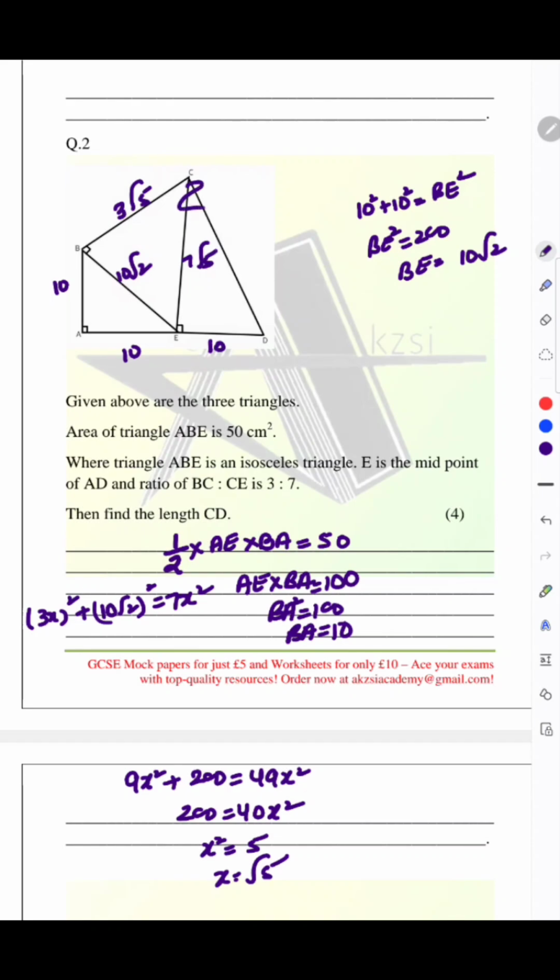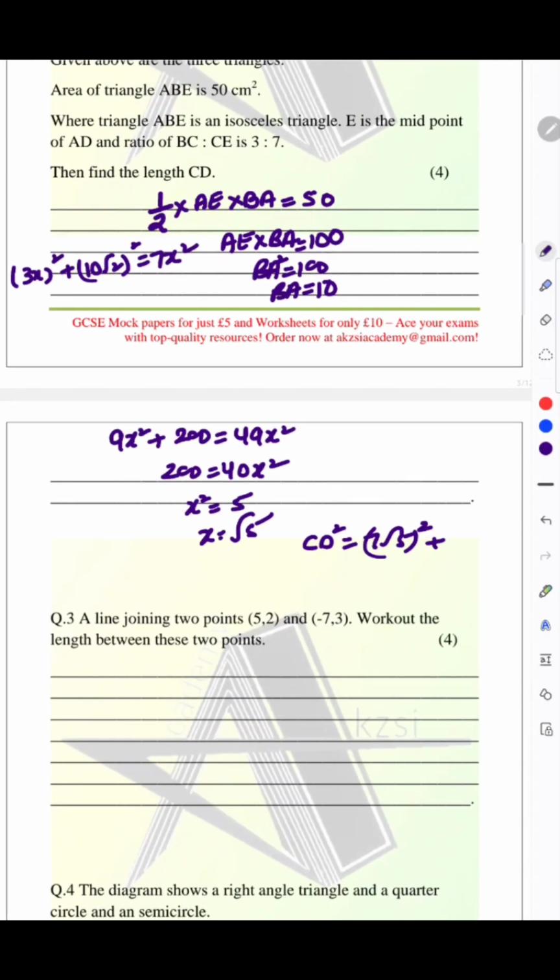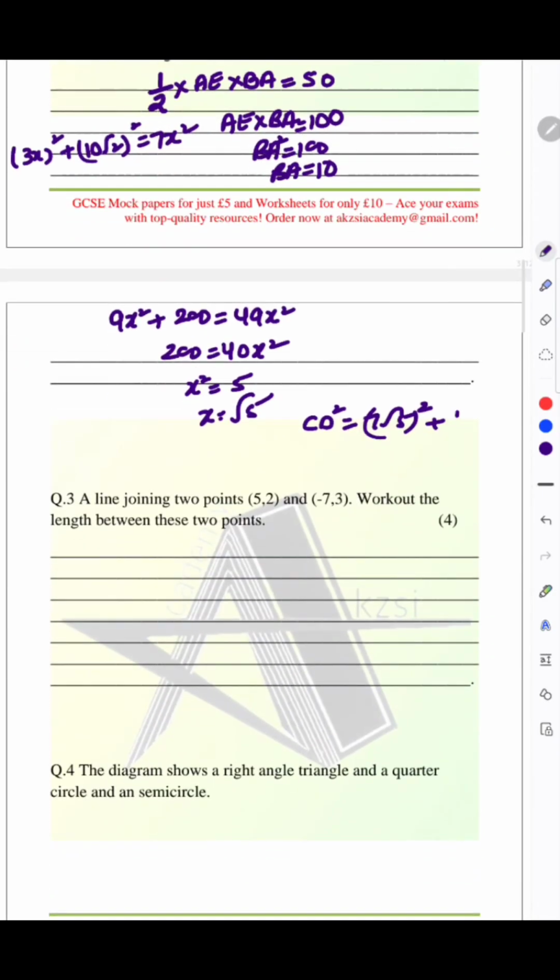We have to calculate CD. Again we have to apply Pythagoras, where CD is the hypotenuse. So I can say CD squared is equal to 7√5 whole squared plus this bottom one, which is 10 squared. So this is going to be 7 squared times 5, that is 49 times 5, basically.